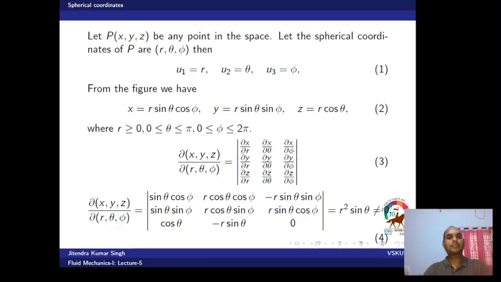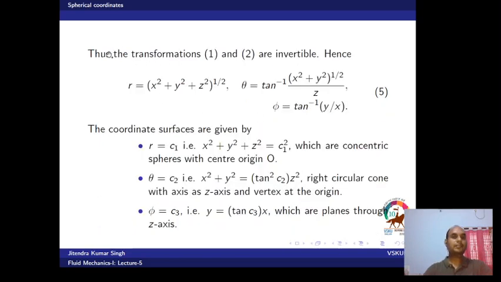So r is the square root of x square plus y square plus z square, theta is equal to tan inverse of the square root of x square plus y square divided by z, and phi is equal to tan inverse y by x. Here I have written r is equal to (x square plus y square plus z square) to the power half, theta is equal to tan inverse of (x square plus y square) to the power half divided by z, and phi is equal to tan inverse y by x.